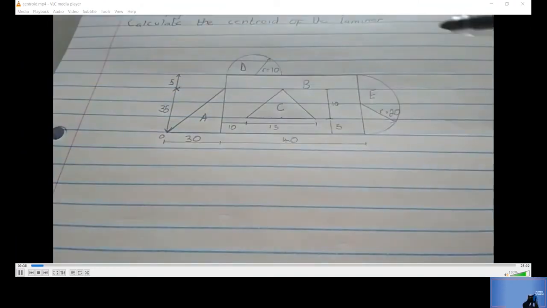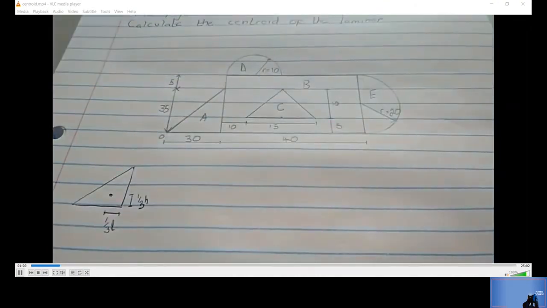Let us start with a triangle. The triangle centroid is located right there. From the bottom, it's at a distance of half h, h being the total height.